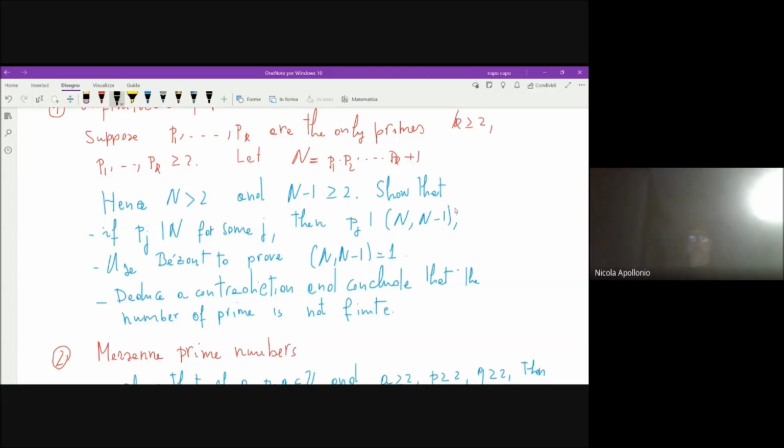Now, there are two possibilities. Either N is prime, and this is not possible because P1, ..., Pk are the only primes, so N cannot be prime. But the fundamental theorem of arithmetic says that there is a prime dividing N. Of course, this prime dividing N can be among the first k.